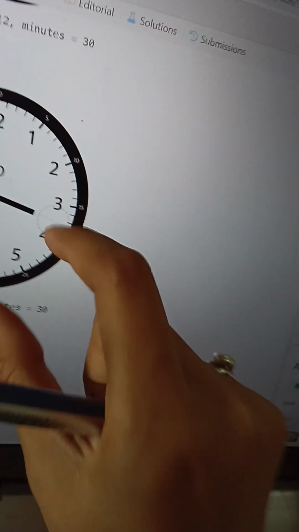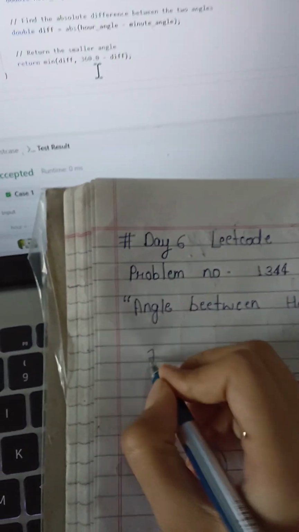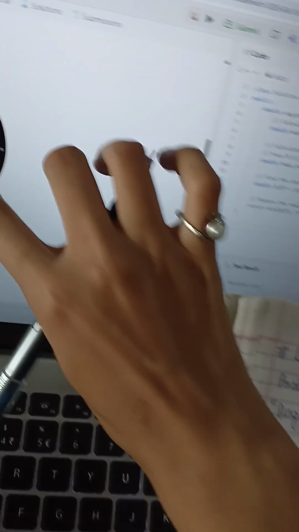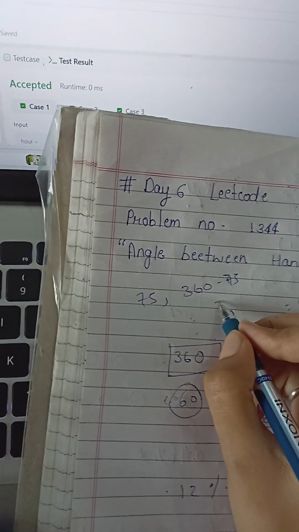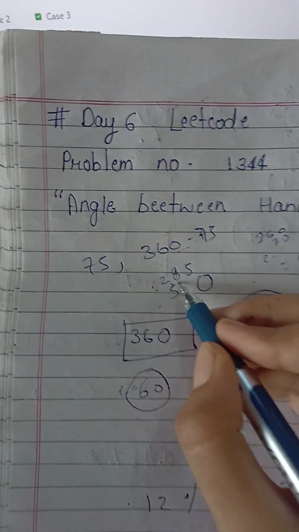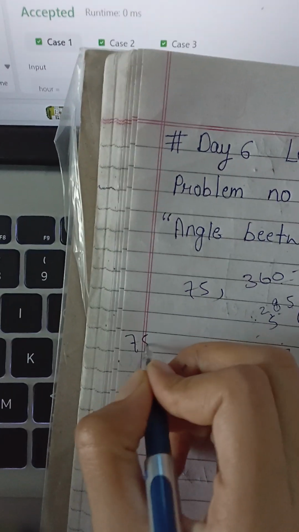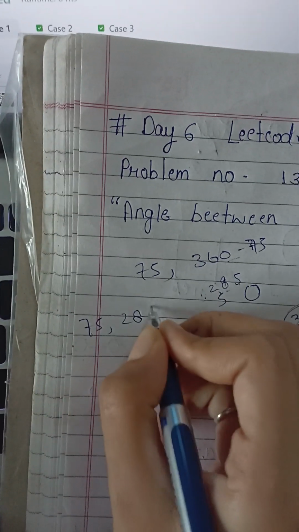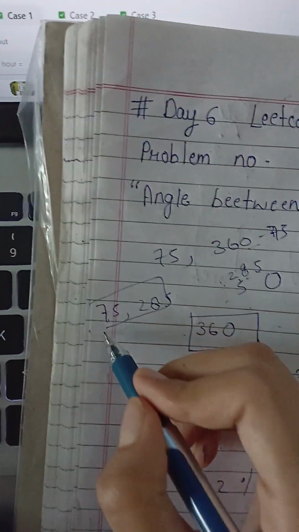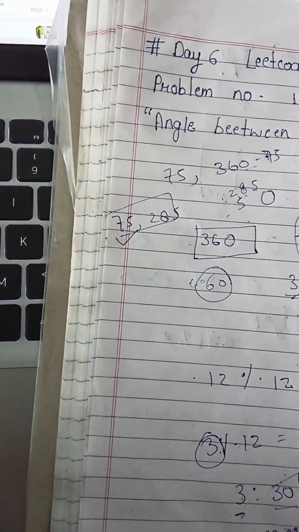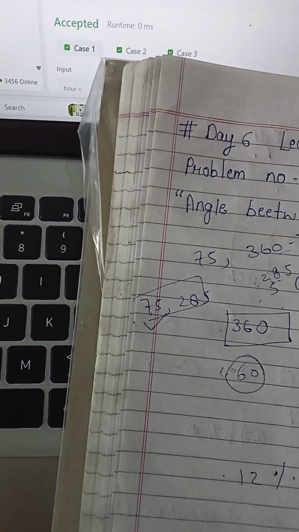So first we give 75, and for the other we subtract from 360. So 360 minus 75 will be 285. Our two parameters are 75 and 285. It returns the minimum value, so of course it will be 75. Last, it will return our 75 angle, which we want as output.